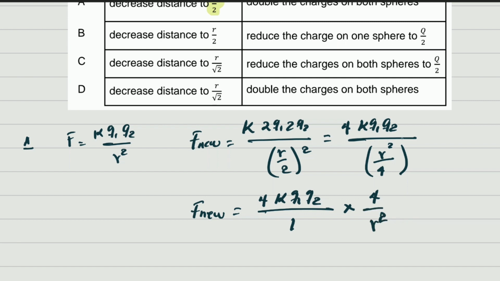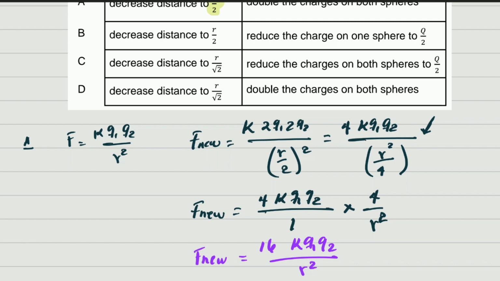You multiply to take off this division here. This is maths. To take off this division, you multiply by the inverse. Okay? So in this case, when you solve this one, you will get that the new force is going to be equal to 4 times 4 is 16 K Q1 Q2 divided by distance squared.